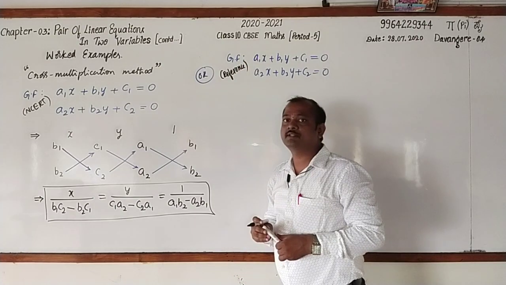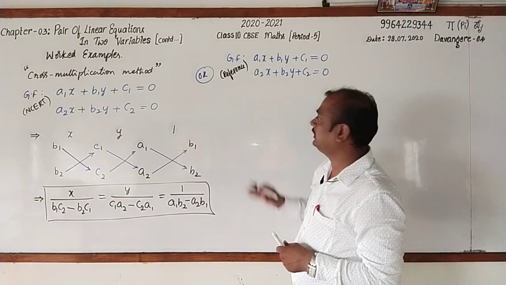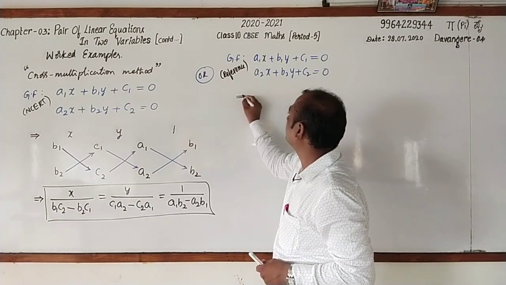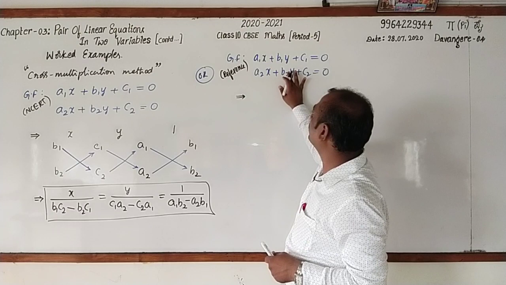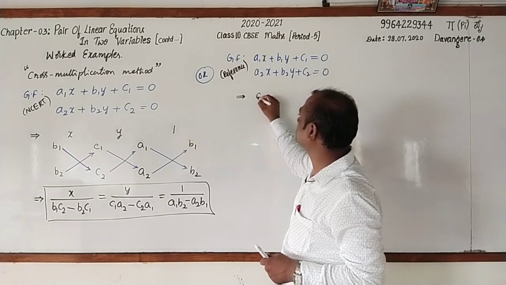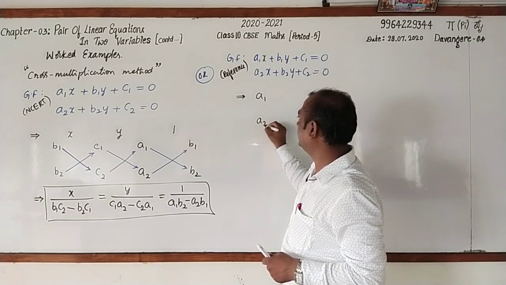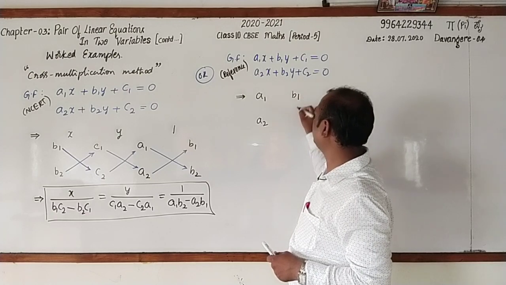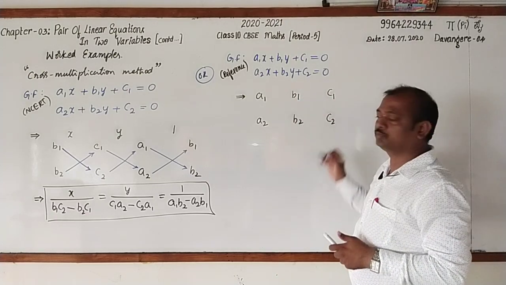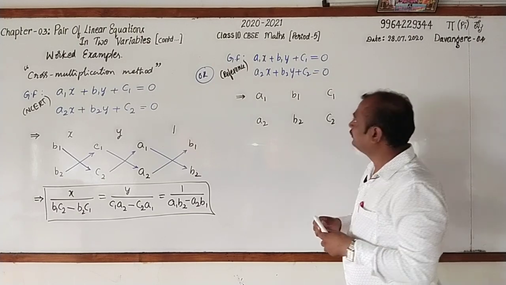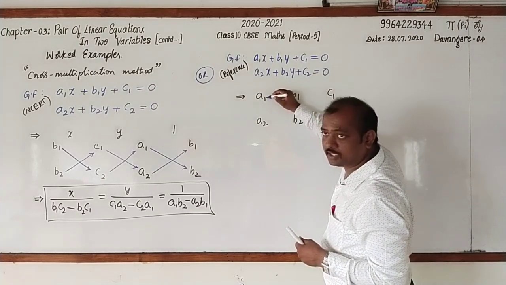Then after that you can decide which method will be easier. Now we are going to write the coefficients of x, y and the constant. See that a1, a2, then b1, b2, next c1, c2. Clear? We will go for cross multiplying like this.